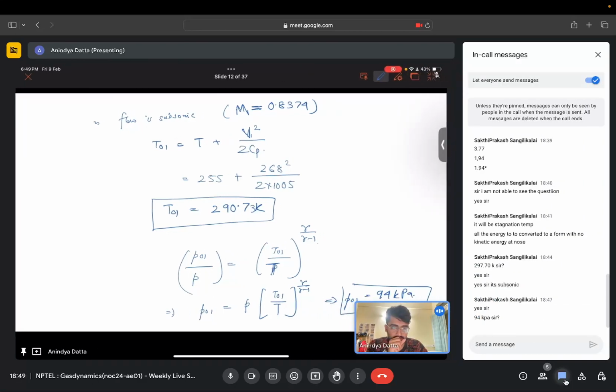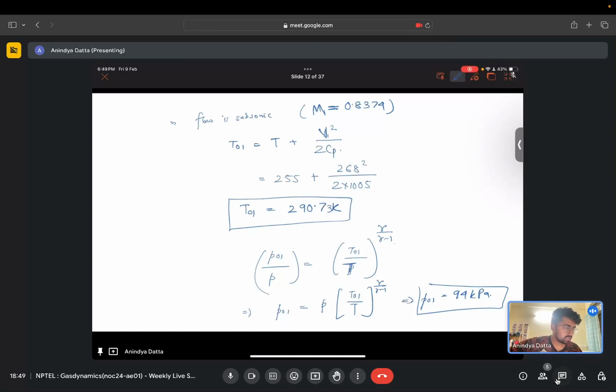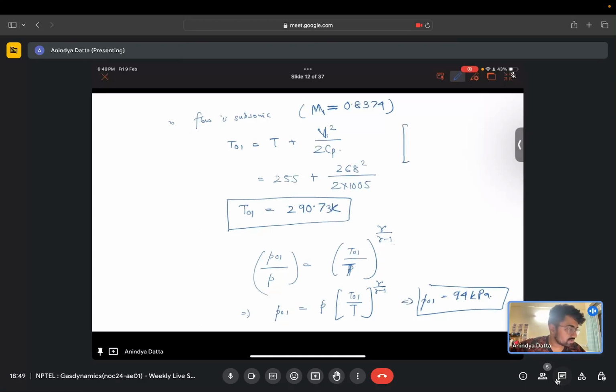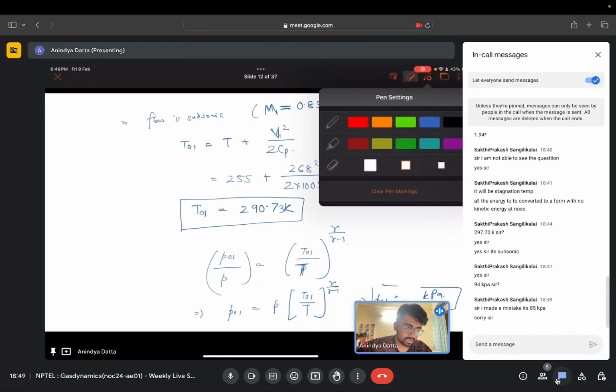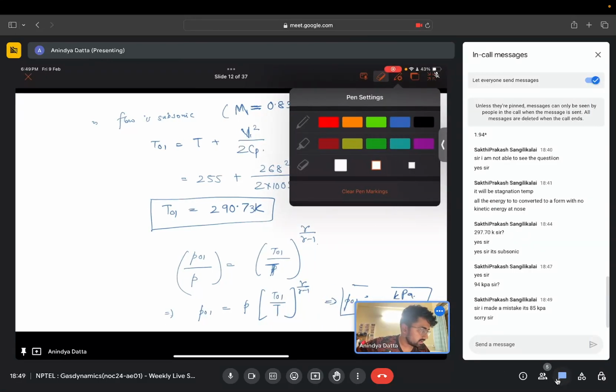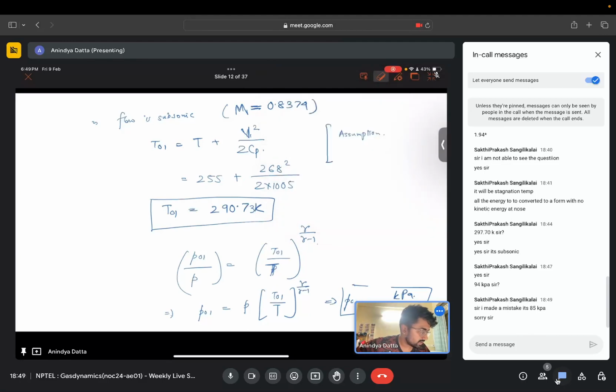Okay, then it's clear, I guess. The assumption here is that the... okay, thank you, 85 kilopascal. Yeah, do this calculation correctly, and don't forget to take the power and all these things. P01 is equal to 85 kilopascal.